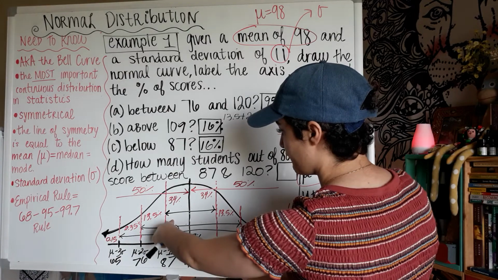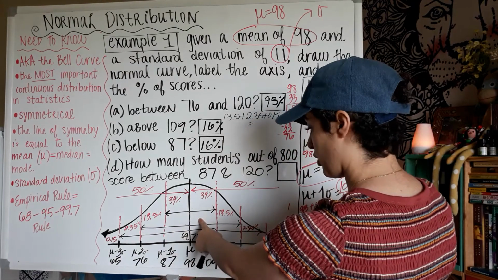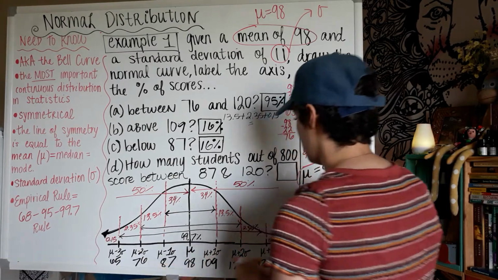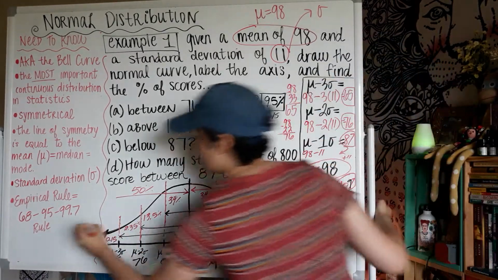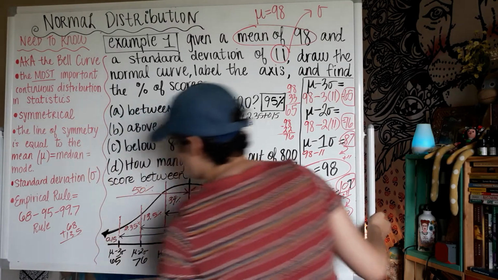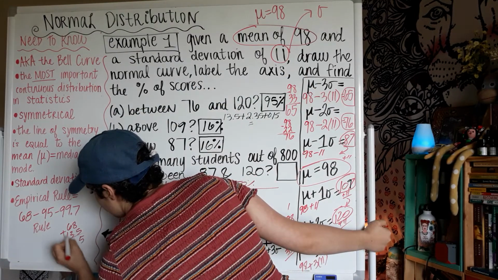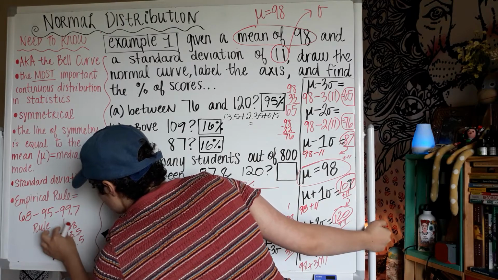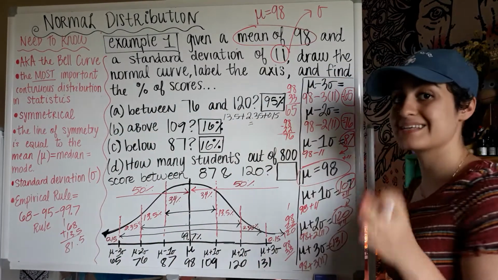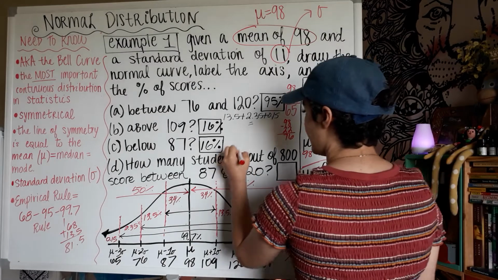So that's 34 plus 34 plus 13.5. I'll do that here. So that's 68 plus 13.5. So that's 81.5%, okay?